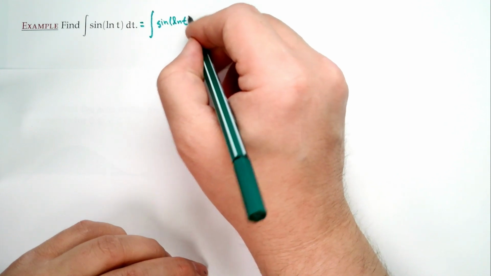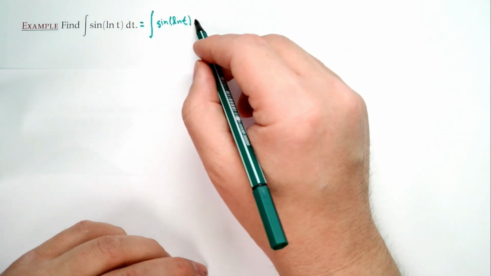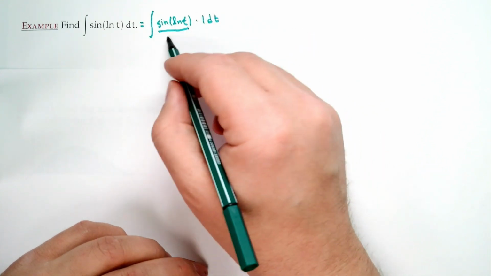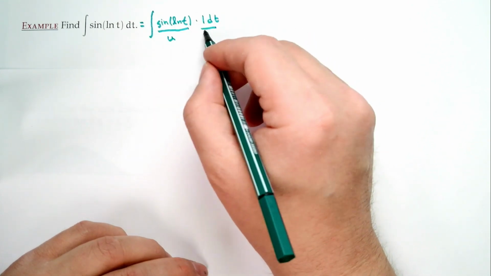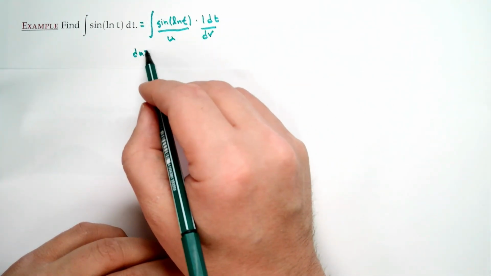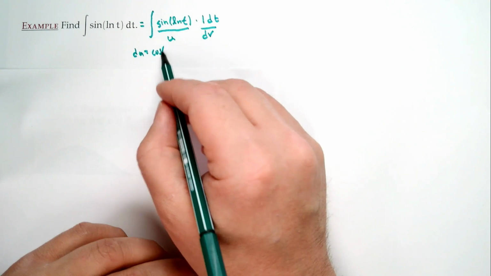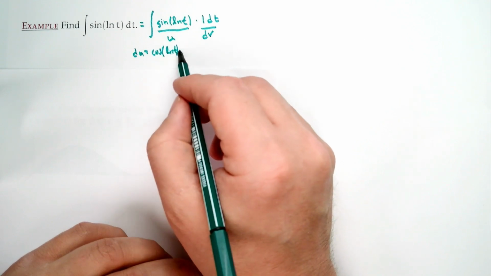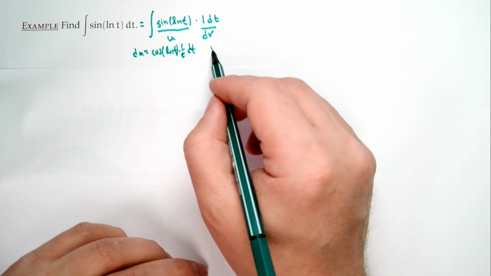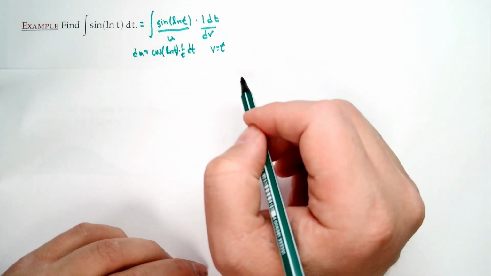So remember, what did we say? Really think of it as sine log t times 1 dt. So then we have our u and our dv. So what will happen? Well, du, derivative of sine, is cosine log t times 1 over t, chain rule, dt. Then v, well, that's t.